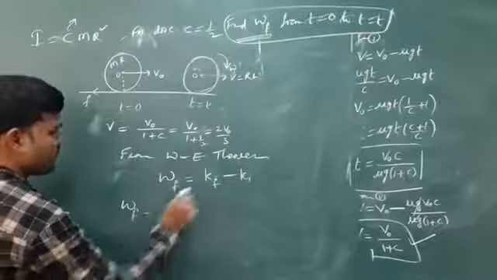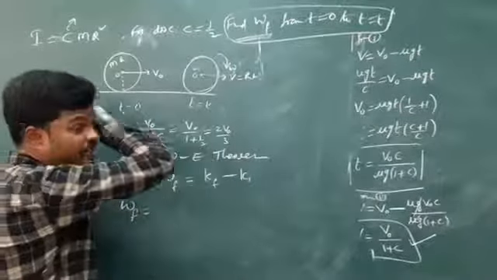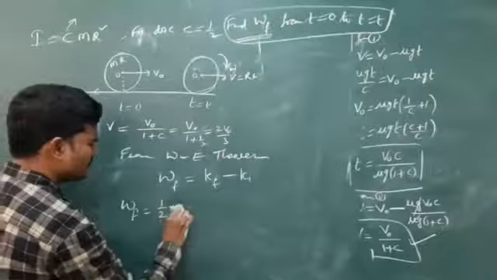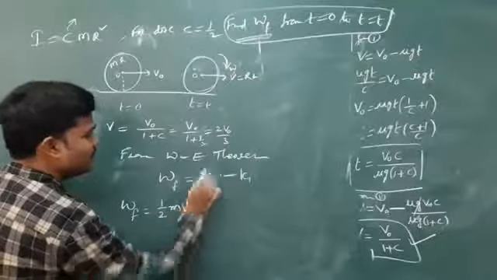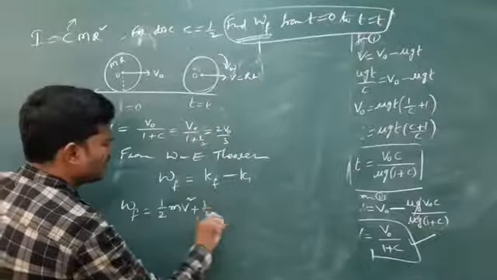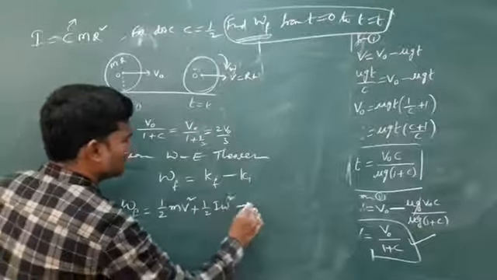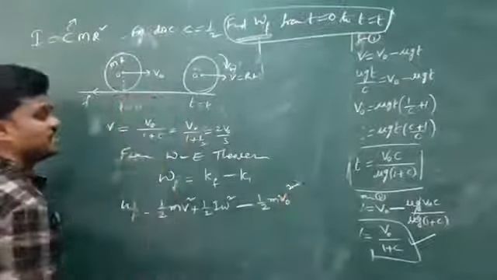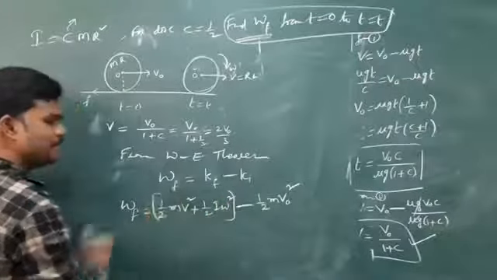Here, for the final kinetic energy, there are two types of kinetic energy: one is translational, the other one is rotational. So half m v square, plus half I omega square, minus the initial half m v naught square. This is final, this is initial.